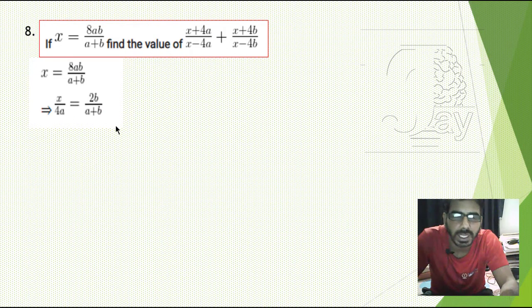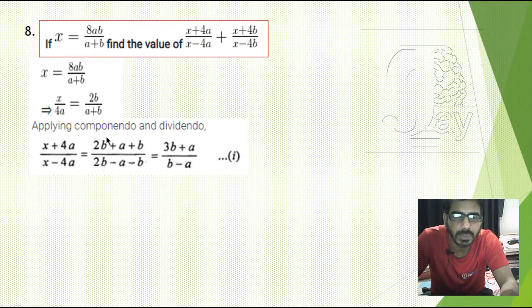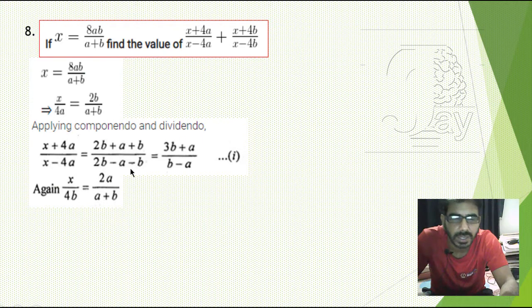I think you understood that part. Then applying componendo and dividendo, we get (x plus 4a) by (x minus 4a) equals this. This is the first one, and similarly again we need x plus 4b. In the second part we get x by 4b, so what is left on the right hand side? We have 2a by (a plus b).